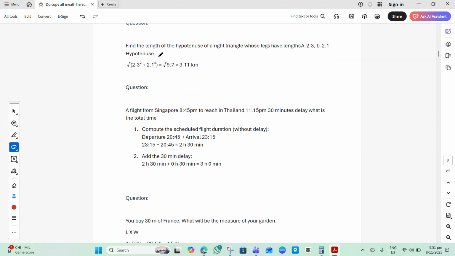Okay, this question asks to find the length of the hypotenuse of a right triangle whose sides have lengths 2.3 and 2.1. So what should you do?